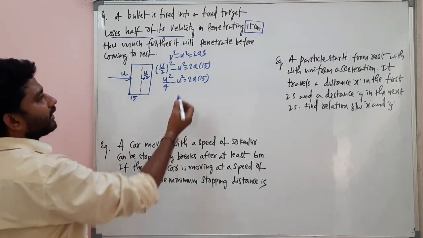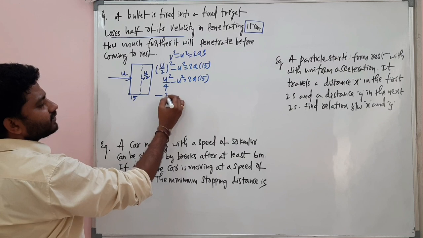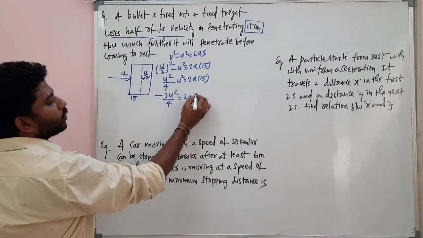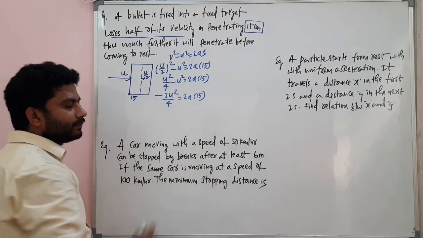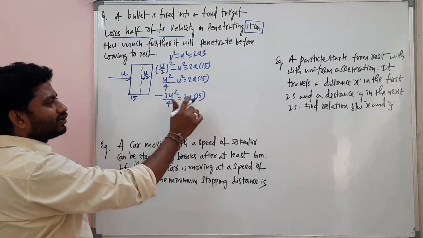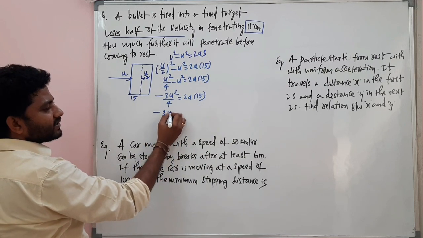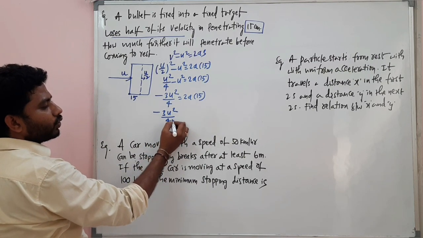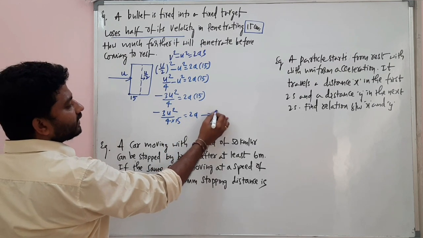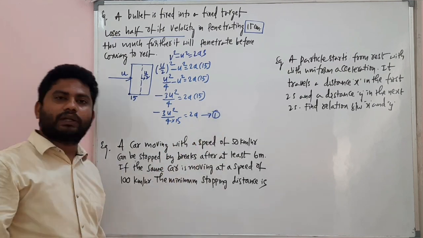And again you can write this as minus 3U square by 4, which is equal to 2A into 15. Right? From here I can also write this as minus 3U square by 4 into 15 is equal to 2A. Let's keep it as equation number 1.